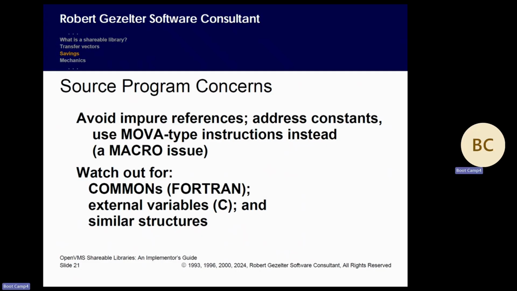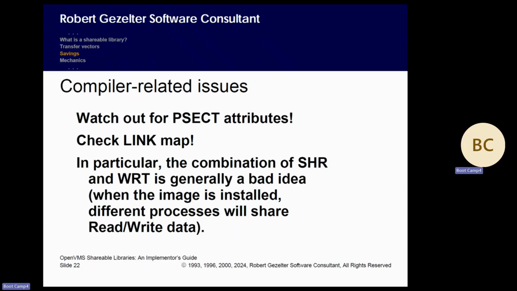Also, in higher level languages, the compiler backends do this for you, so it will not happen. Watch out for certain things like Fortran commons, external variables in C, and similar structures. Make sure the compiler is producing no write references or non-shareable. Watch your psect attributes.